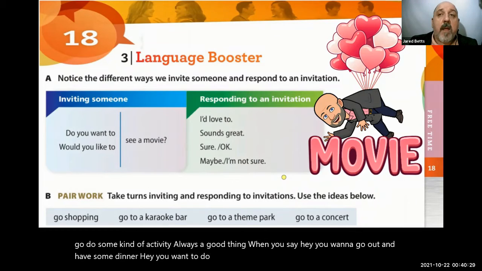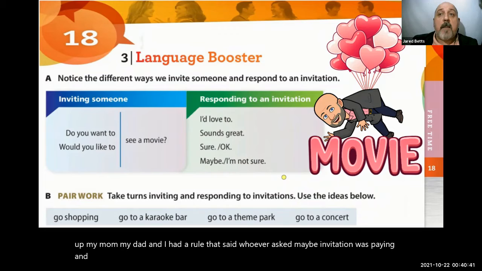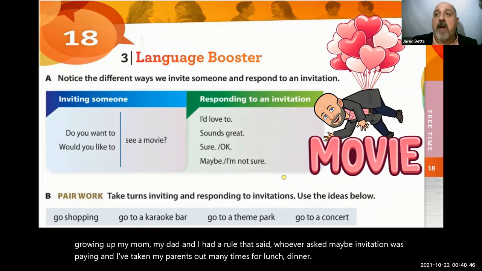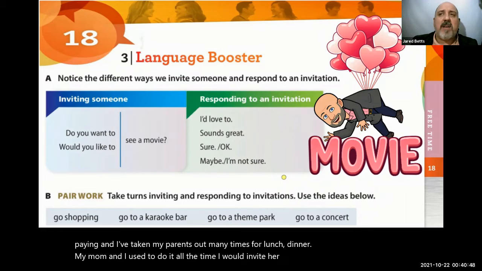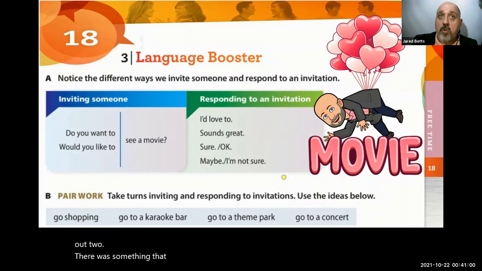Yeah, let's go. Now, in my family, when I was growing up, my mom, my dad, and I had a rule that said whoever asked and made the invitation was paying. And I've taken my parents out many times for lunch, dinner. My mom and I used to do it all the time. I would invite her. It's like, hey, mom, do you want to have a sandwich? Oh, I'm buying, and I take my mom out for a sandwich. I take my brother out too, but it was something that we did, and we made it a rule that if I invited, I'm buying.